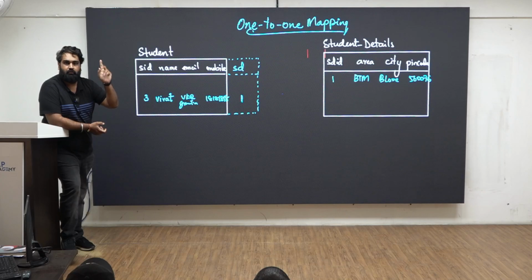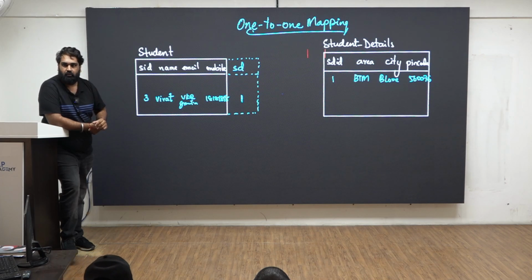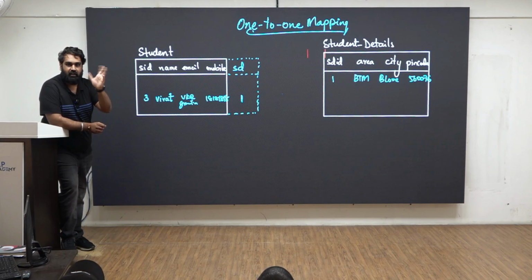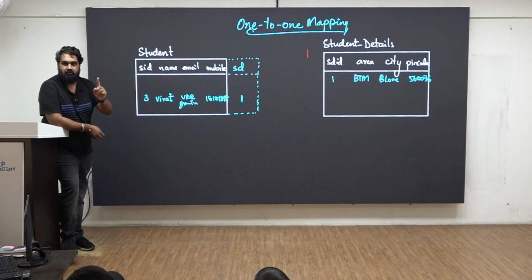One individual will only have one Aadhaar card, one Aadhaar number throughout your life. Even if you want to change address you can change, but the Aadhaar number will not change. One individual will have one license, one PAN card, one passport, right?